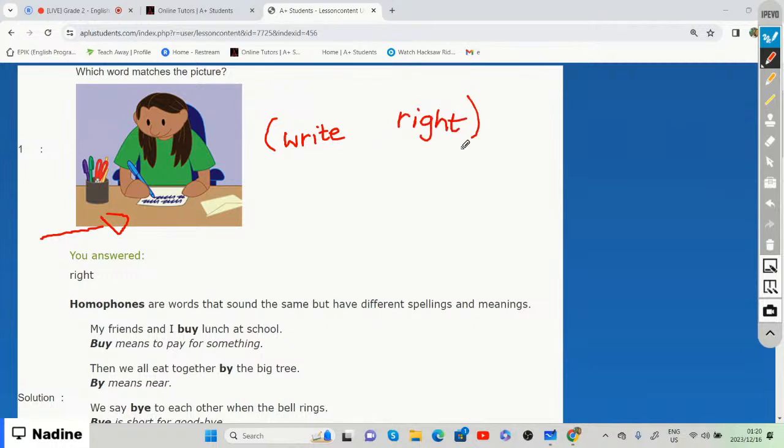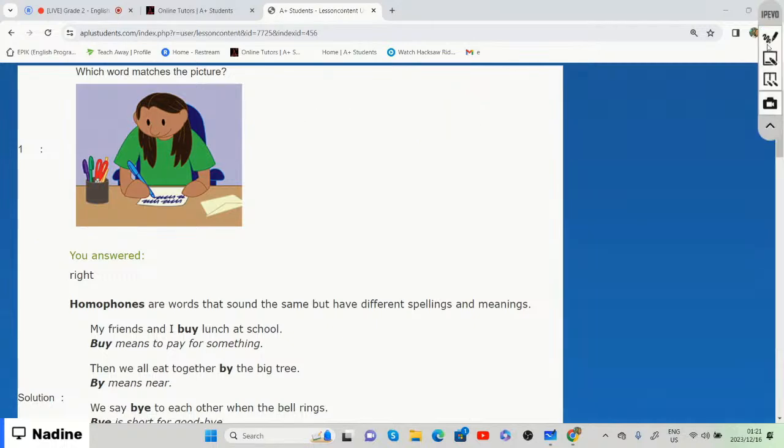So which word is the correct word that shows what she's doing? And she is busy writing a letter, right? So we can use this word, write a letter. So the first write is correct.